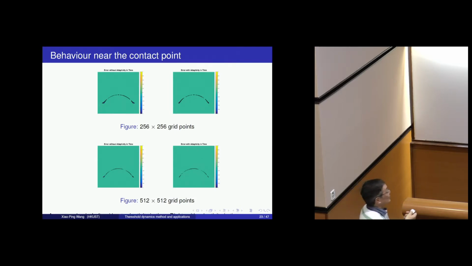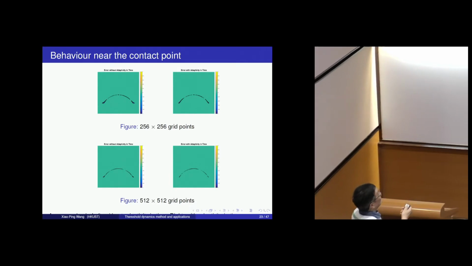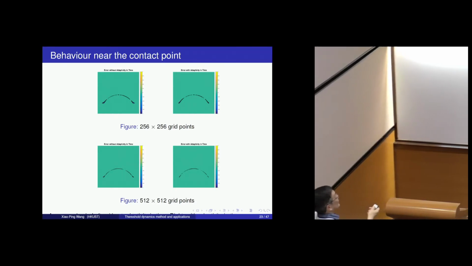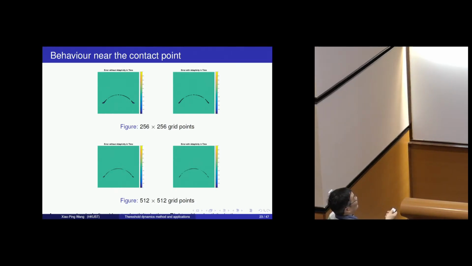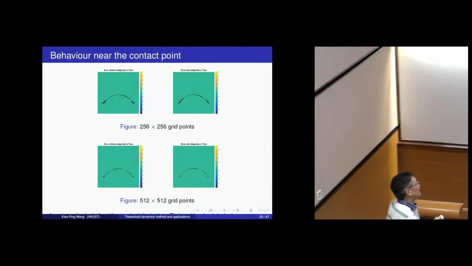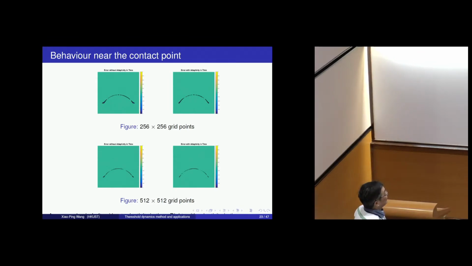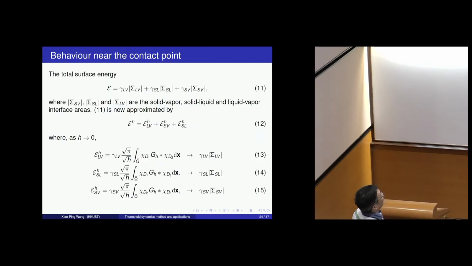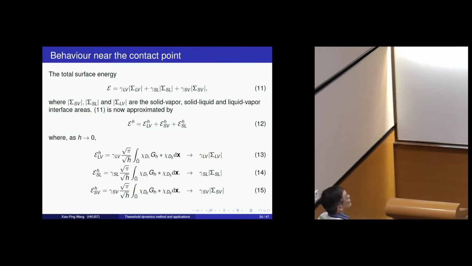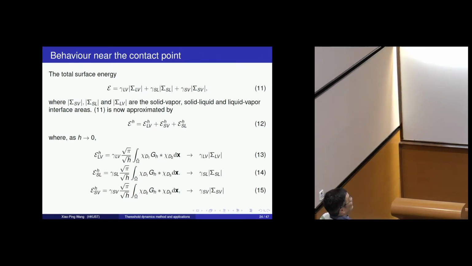But near the contact point, you can see some deviation from the 60-degree angle. This can be improved as you increase the resolution, but there is a deviation. You can understand this deviation by looking at the problem more carefully.